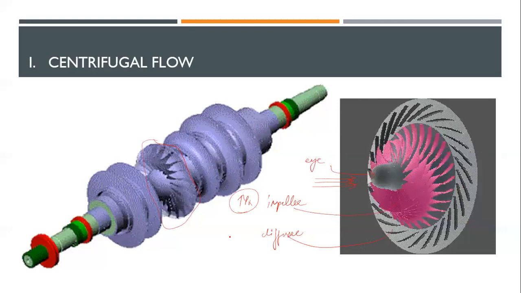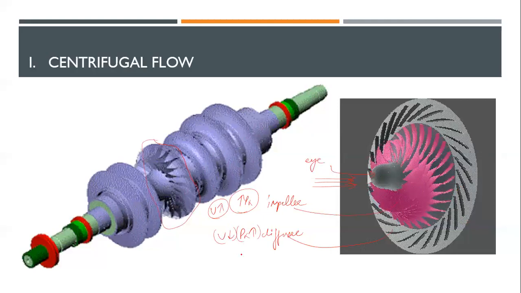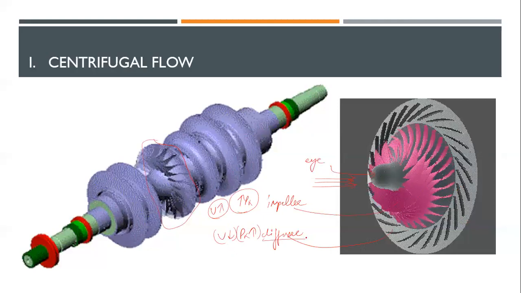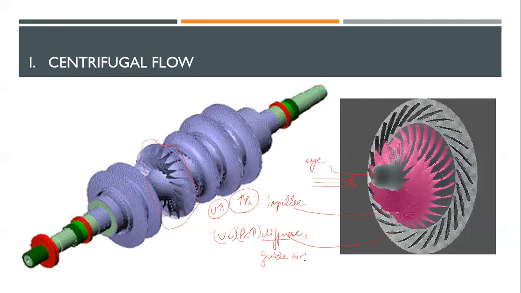In simple terms, diffusers also increase the pressure, and the velocity drops. The pressure here increases and the velocity drops. That is the use of the diffuser. The main use of the diffuser is basically to guide the airflow.